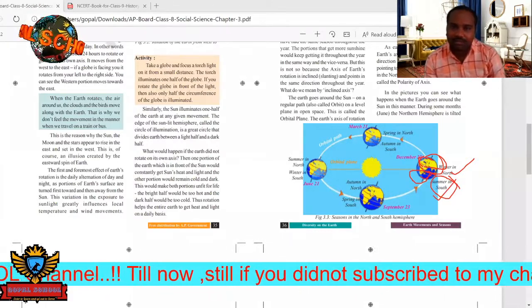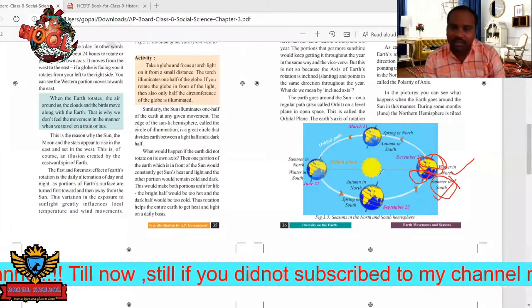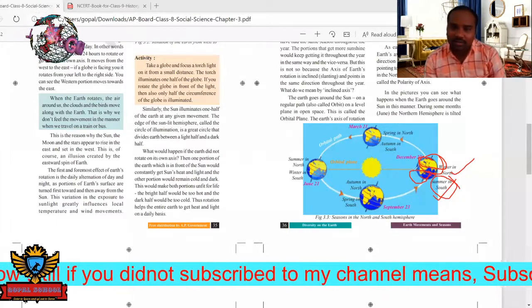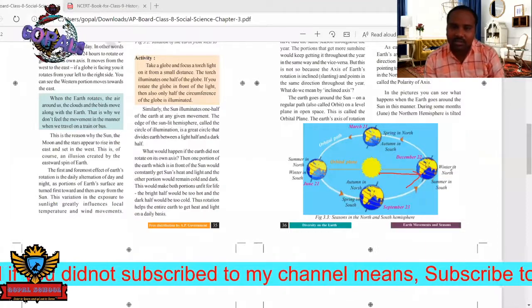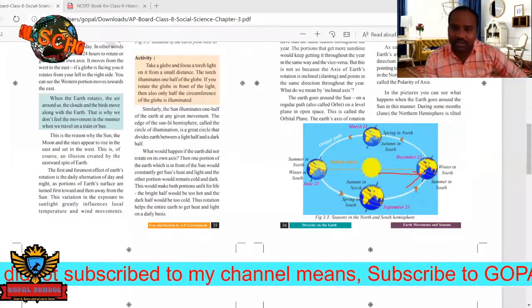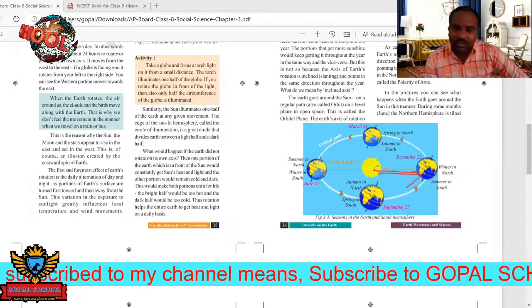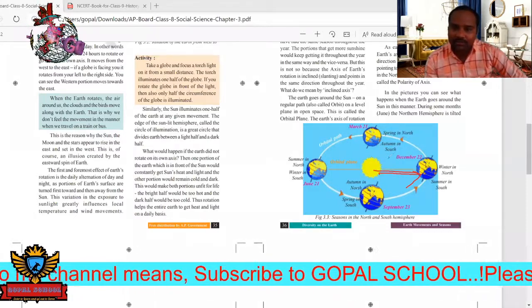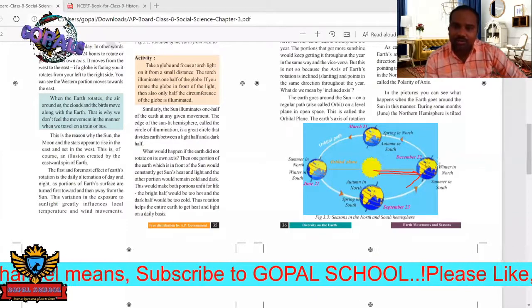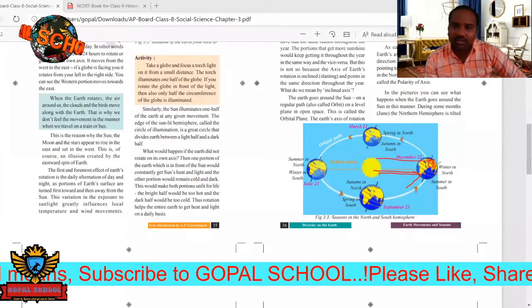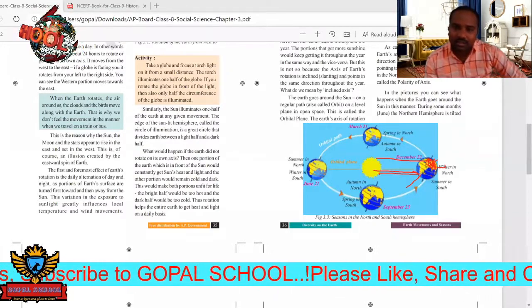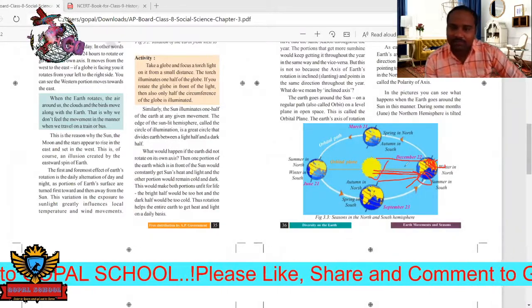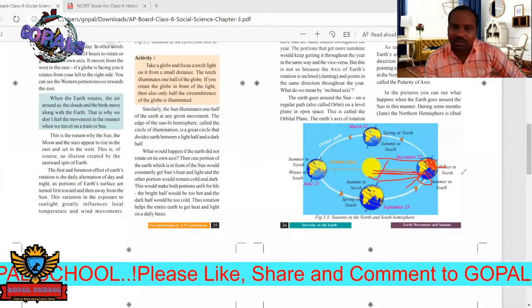Because if you observe carefully, the south side is having more sunlight because of tilting. Due to this tilting, the distance to the sun is very less when compared to the poles. So the poles have winter because of less sunlight, but on the southern side the sunlight is more. That's why they are having the summer season.